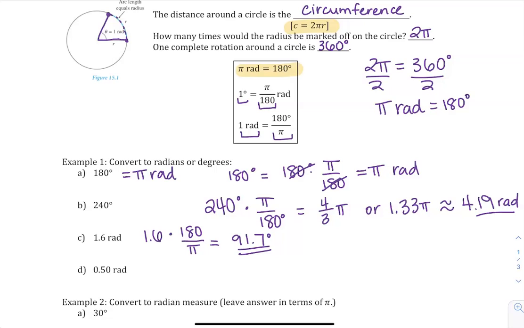And then 0.5 radians, we do the same thing. Each radian we need to multiply by 180 divided by pi. And so when you take 0.5 and multiply by 180 and divide by 3.14, you get that this is equal to 28.7 degrees. 2 ways to describe the same angle. You can describe an angle in degrees, you can describe an angle in radians.